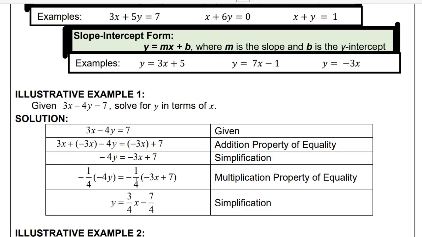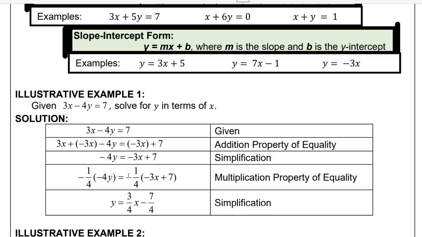So we're going to multiply it to both sides. So therefore, negative 1/4 times negative 4, that is 1, because negative 4 divided by negative 4 is 1. So what is left is only 1y.